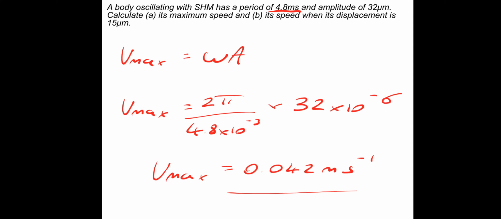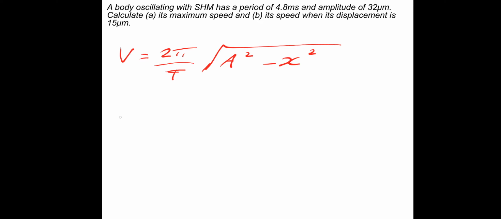Let's do part B. V is equal to omega, 2 pi over T, times the square root of a squared minus x squared. Then we just need to put our numbers in.